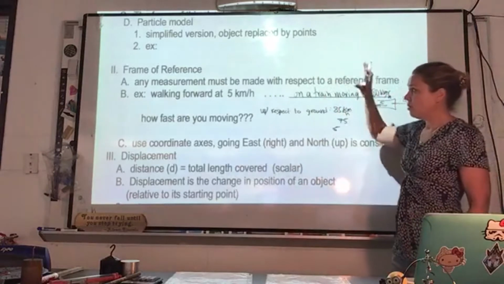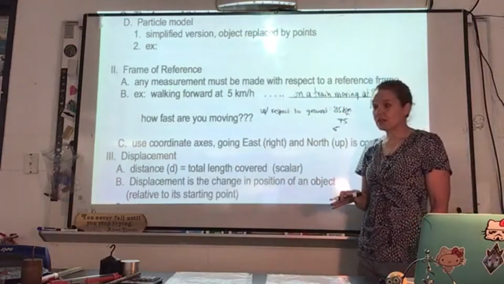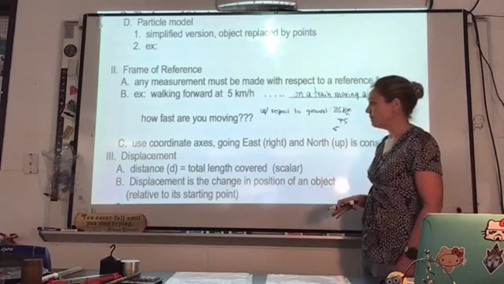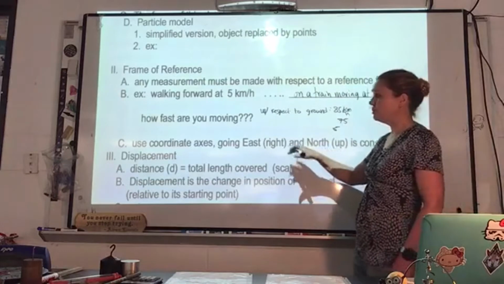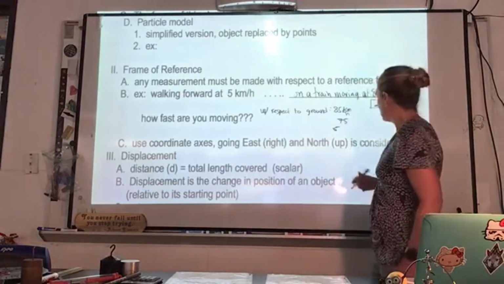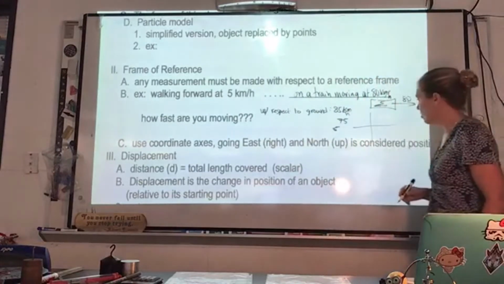So we definitely always need some kind of frame of reference. Normally, if it's not stated otherwise, it's considered to be the ground, the earth. The other thing we need to put into place is that we use a coordinate axis, like we're in math class, I hope.